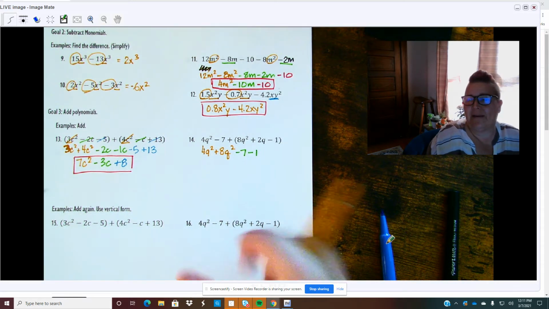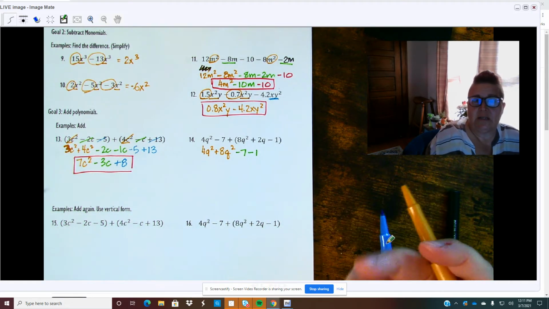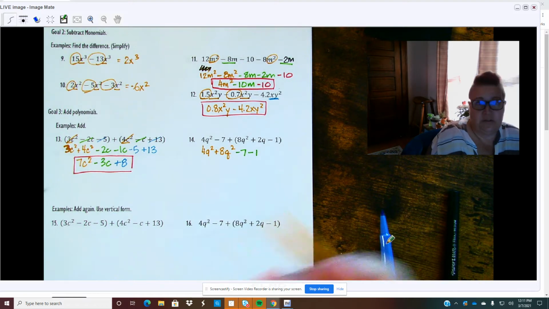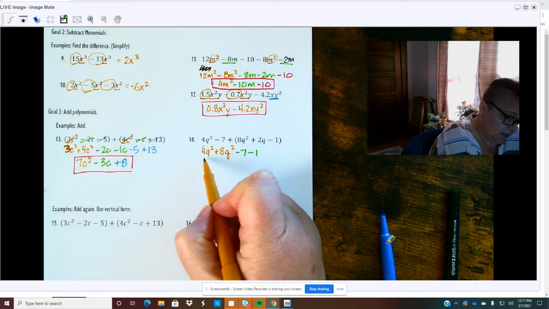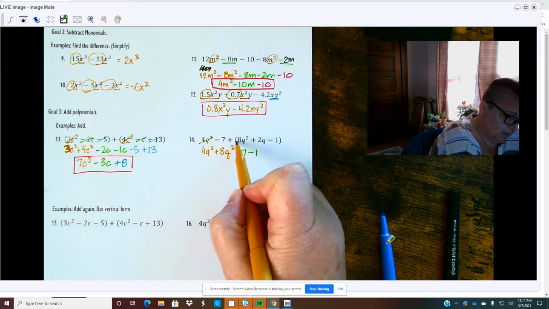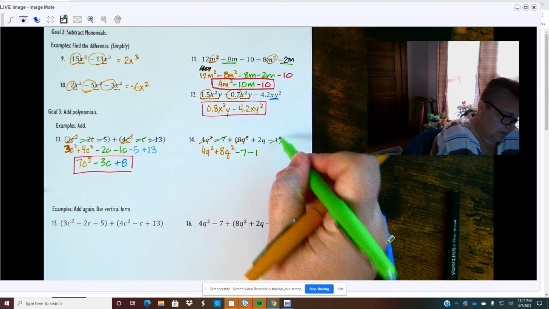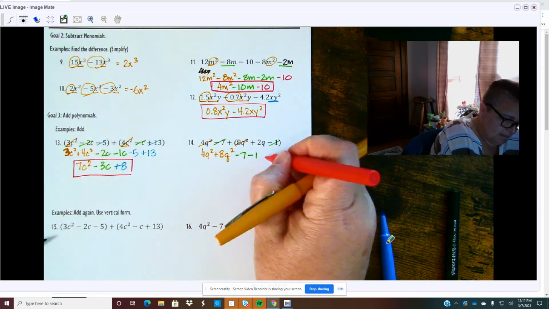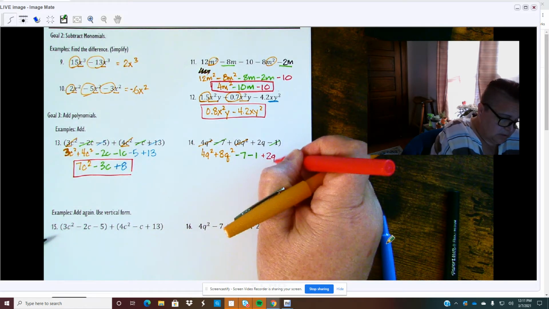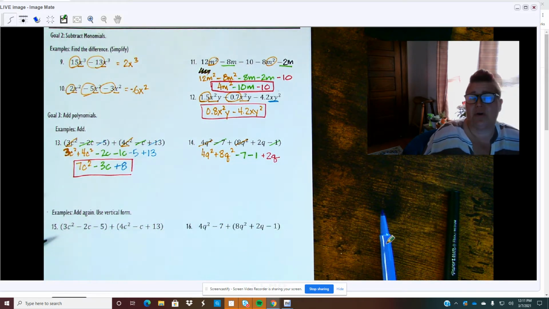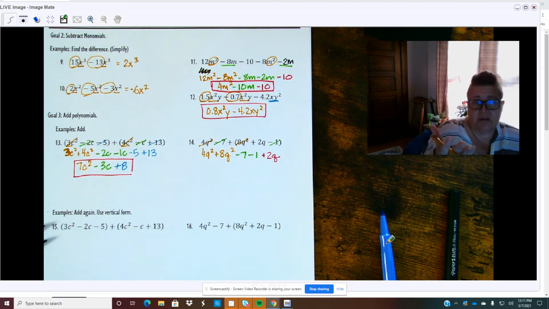Do you see what I mean about how if you don't cross things out, it can be a little confusing? So even if you started the problem, feel free to go ahead and take the 4q squared and the 8q squared. I've done both of those. I've done the minus 7 and the minus 1. And then I just have left a plus 2q. If you don't find the cross out piece helpful, you don't have to use it. I'm just trying to give you some options.